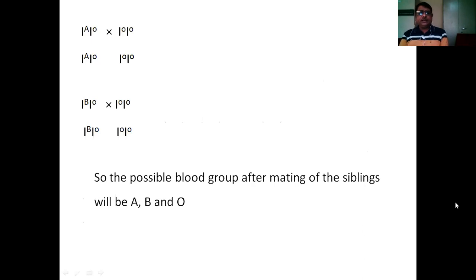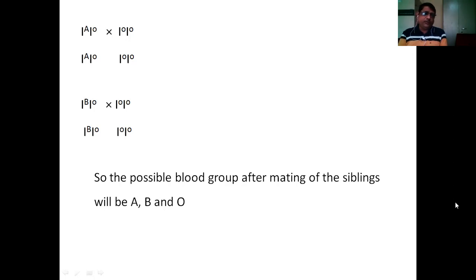Similarly, in the second case, when we cross this individual with O blood group with his cousin with blood group A, who has genotype IAIO, then the F2 generation will have IAIO and IOIO. That means the F2 generation will have A blood group or O blood group.